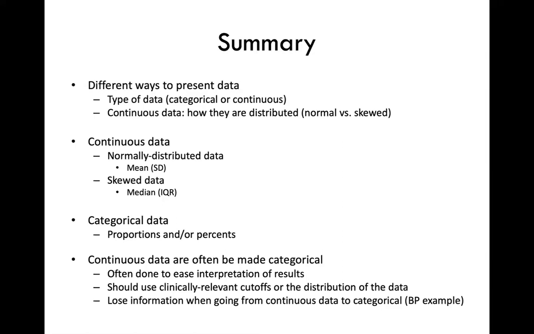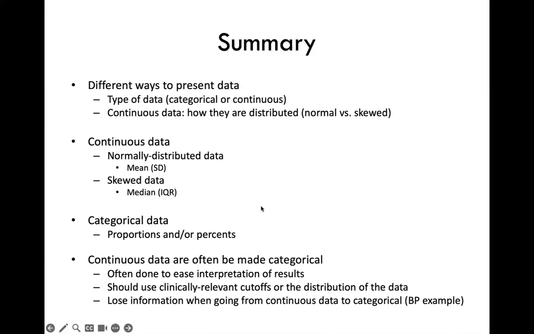Are they skewed? For continuous data, if they're normally distributed, we want to report the mean and the standard deviation. For skewed data, we want to report the median and the IQR. For categorical data, you should be reporting proportions and or percents.